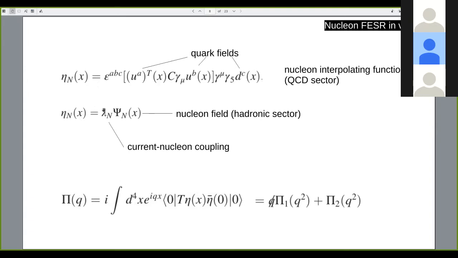In terms of quarks, this corresponds to the interpolating function, with three quarks coupled inside. It can be decomposed into components, one proportional to Q slash, and the other one the scalar.